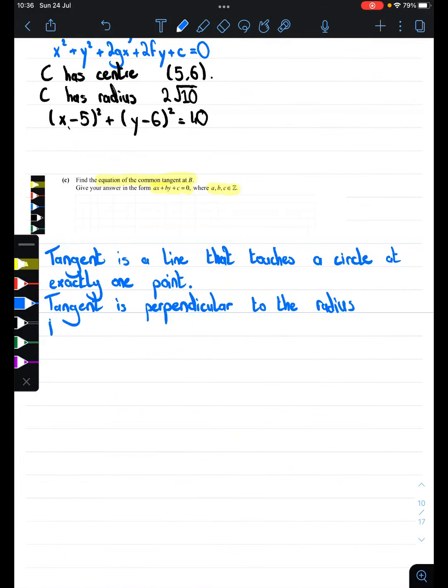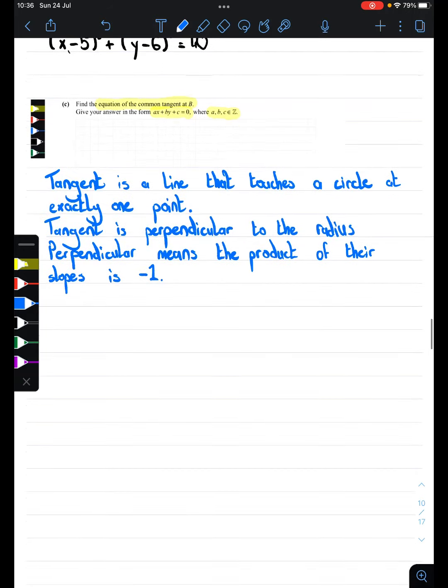Well, perpendicular means the product of their slopes is -1. All right, so I think it's so important knowing your definitions and getting them on the page makes the question so much easier. All right, so we want to find the equation of the common tangent.